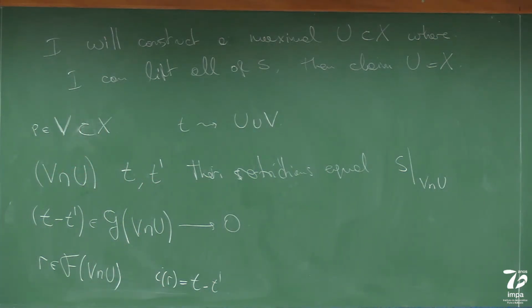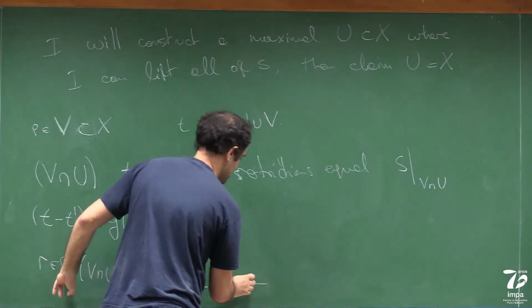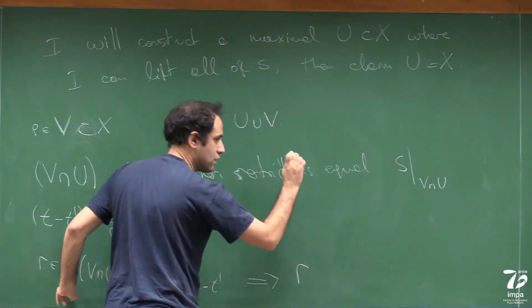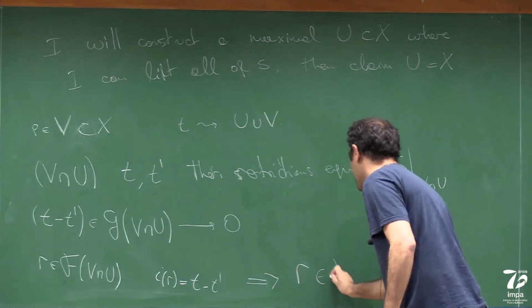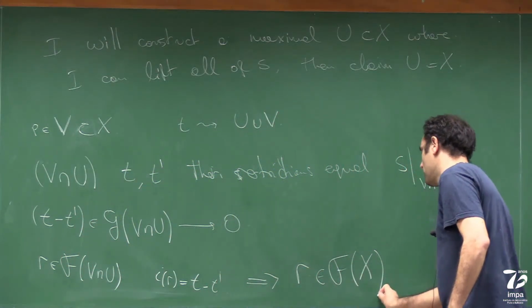But F is flabby, so I can extend this to a global section. I'm going to call it R anyway, but this is a section of the full F of X.